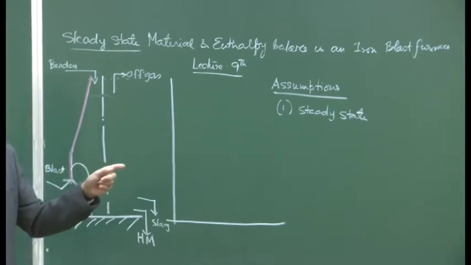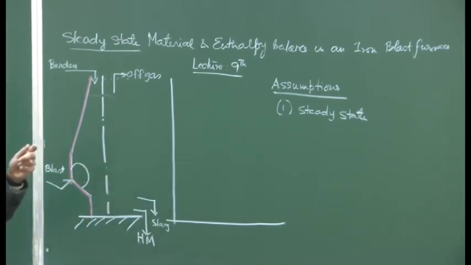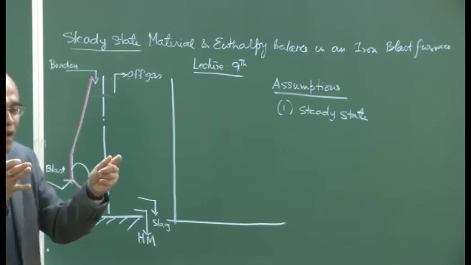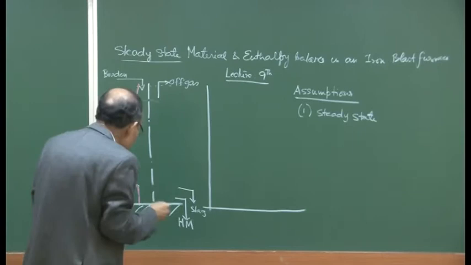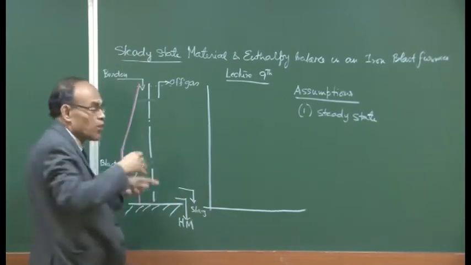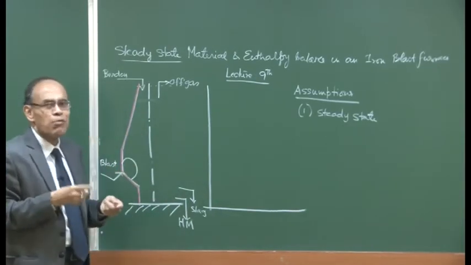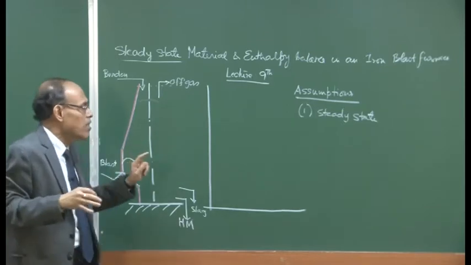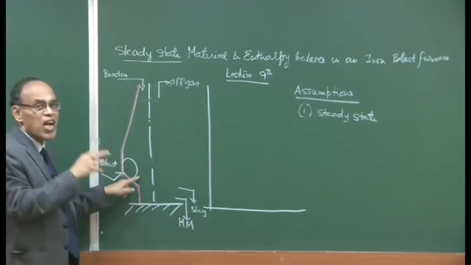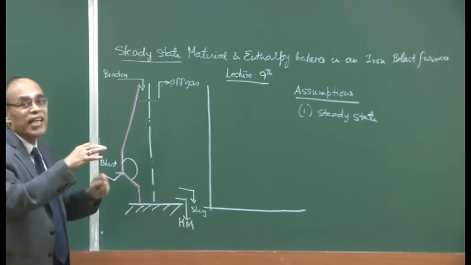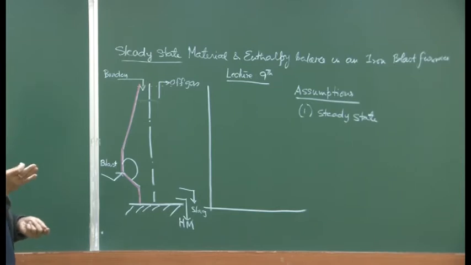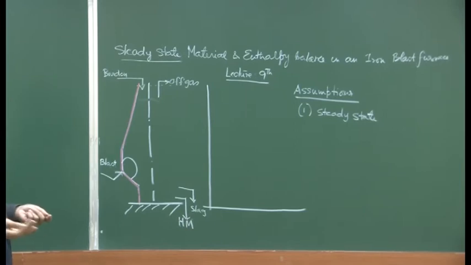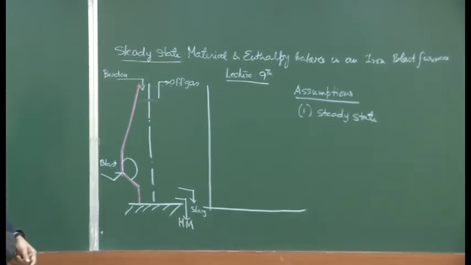But on a long term basis, if the period of time averaging is not too small in comparison to the overall duration of blast furnace operation, then you will see that once it is ignited and starts producing iron, very soon it attains a steady state. On a daily or hourly basis there may be some fluctuation, but on a monthly basis you will see that you are producing the same amount of iron, the same amount of coke is being used, and so on.